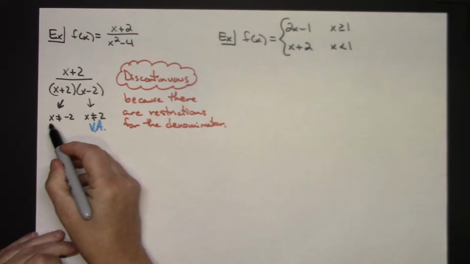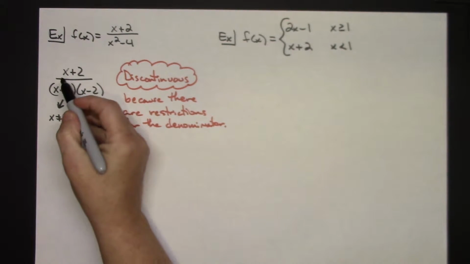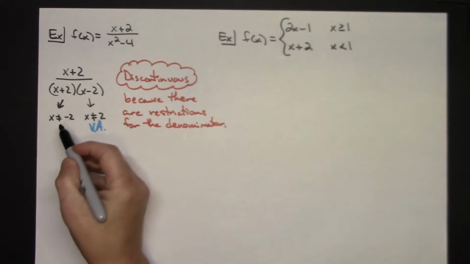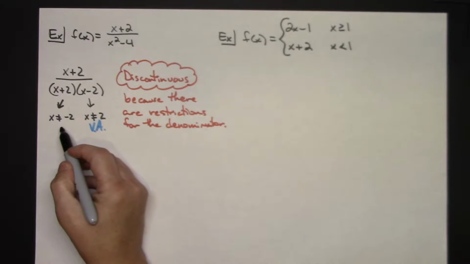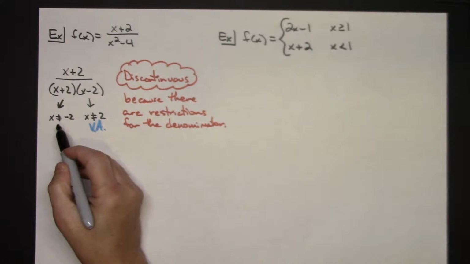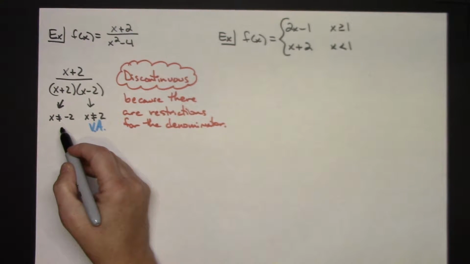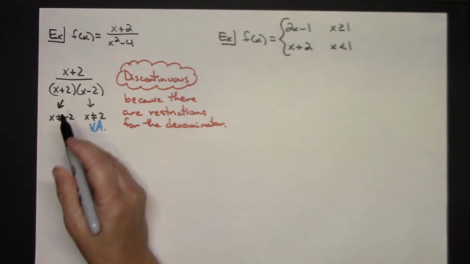Now let's take a look at this negative 2. If I plug negative 2 in, negative 2 plus 2 gives me a 0. So this does not qualify as a vertical asymptote. But if I know I can't let x equal negative 2, and it's not a vertical asymptote, then something's got to be going on right there. It's going to end up being a hole.